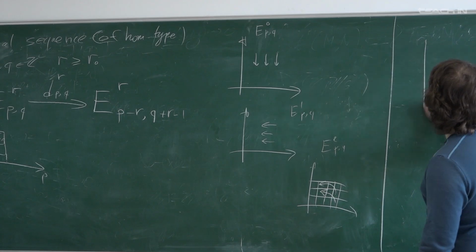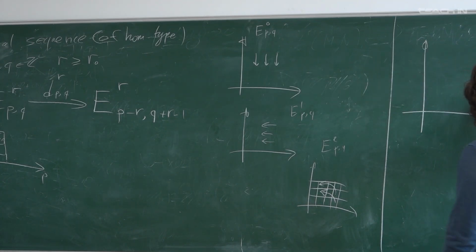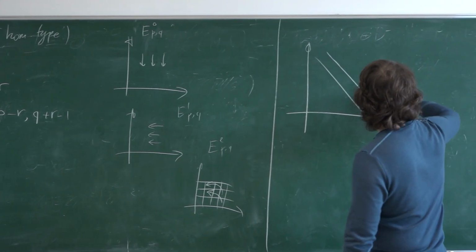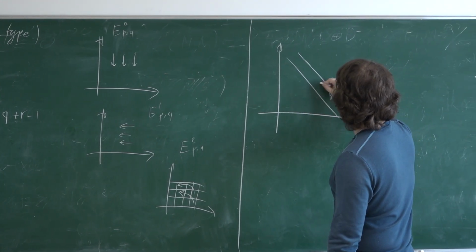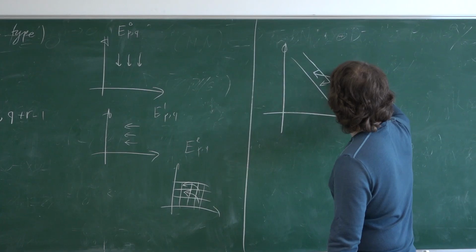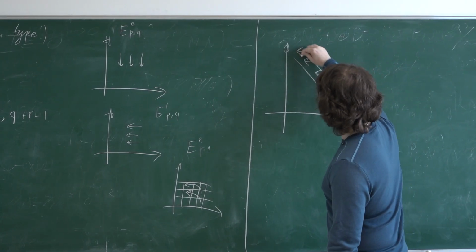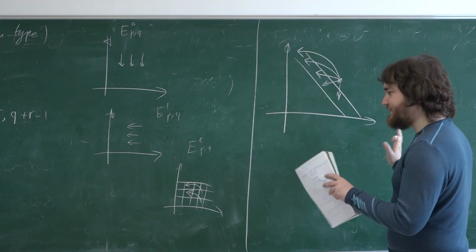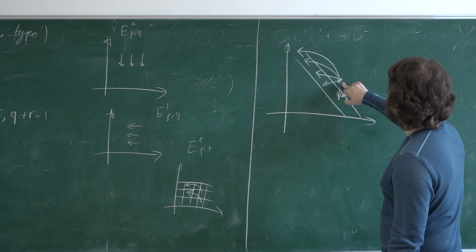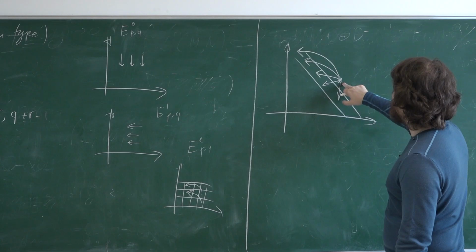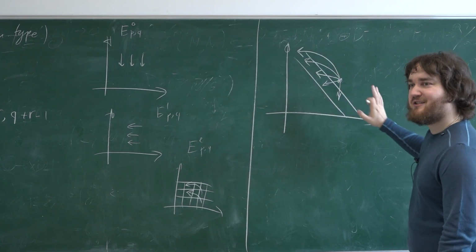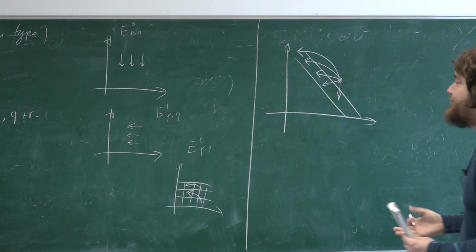In general, if you have some element, you consider the previous diagonal, and all differentials go to the elements of the previous diagonal. These are differentials on different pages. But if you consider on different pages the element at the same point, then differentials act like in this picture.